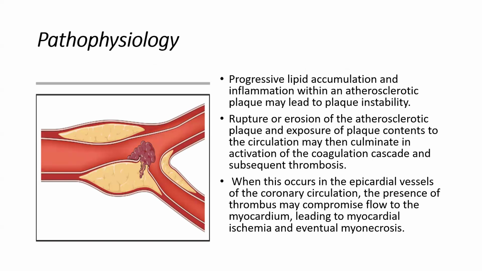So the pathophysiology of acute coronary syndrome is based on the rupture of an atherosclerotic plaque. What leads to the formation of atherosclerotic plaque is lipid accumulation.